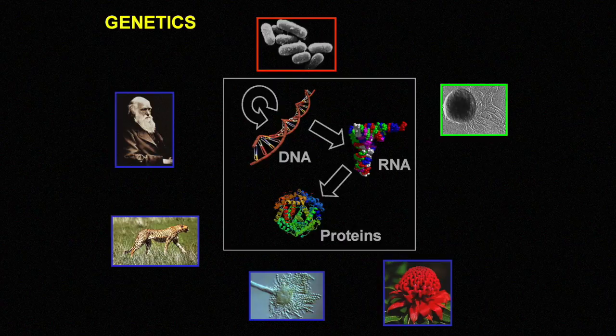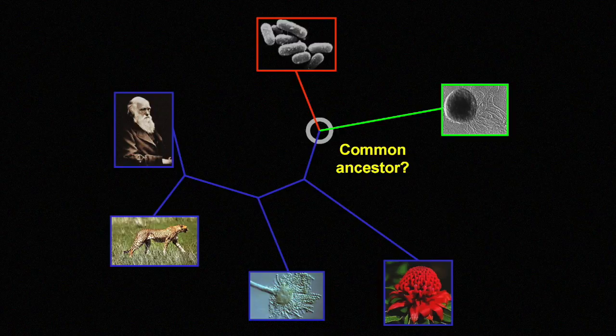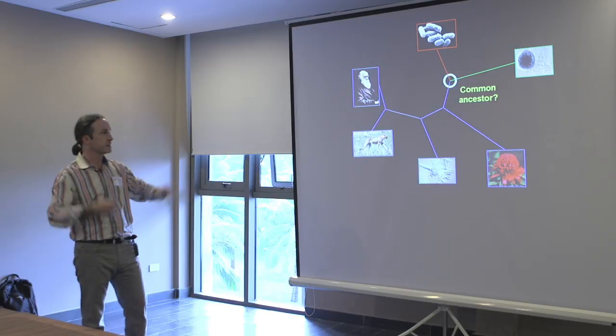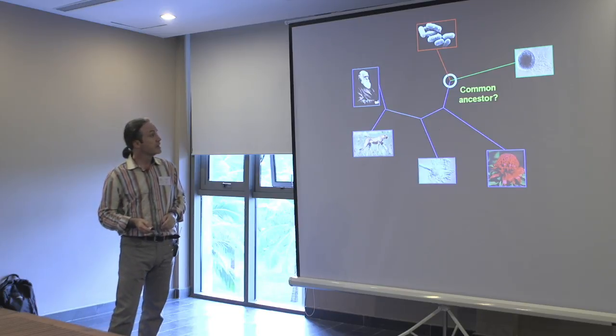So, the conclusion is, could all of us have evolved from a common ancestor? This is the most parsimonious answer for the fact that we share a lot of features. The main features of life are shared by all representatives of life.